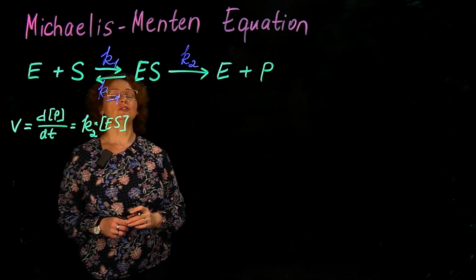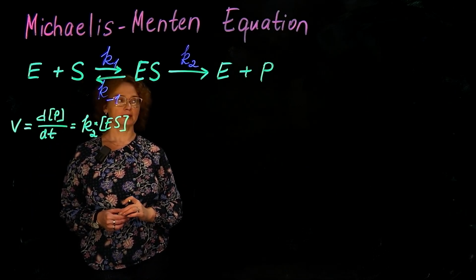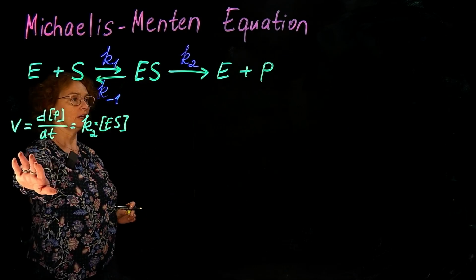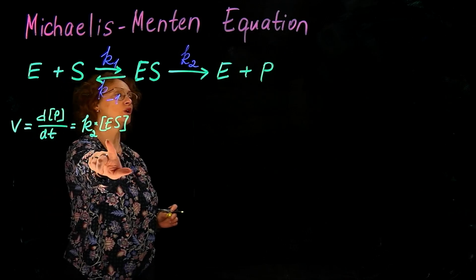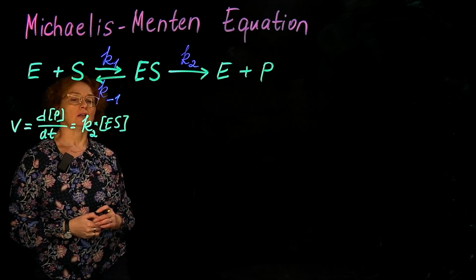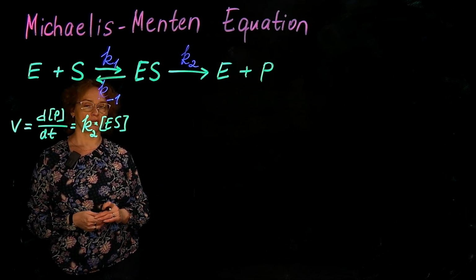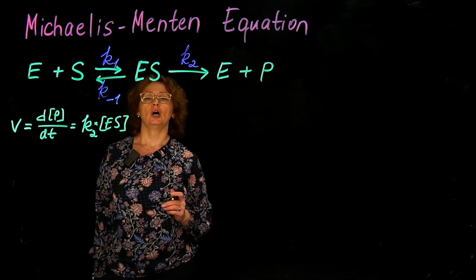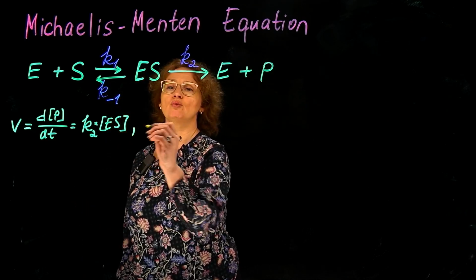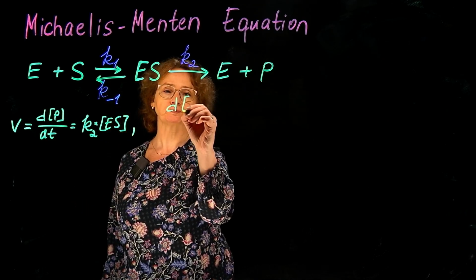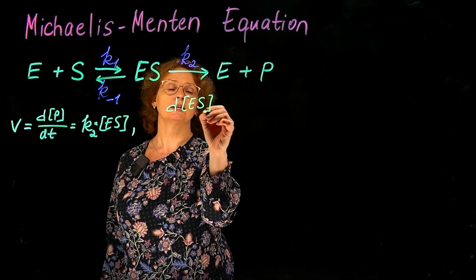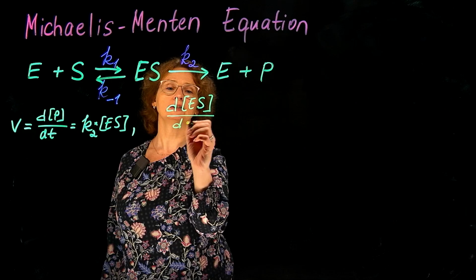How do we determine the concentration of the enzyme substrate complex? Because we cannot write the equation for velocity without knowing how this parameter depends on other concentrations and other rate constants. For that, we need to focus on the change in the enzyme substrate complex over time.